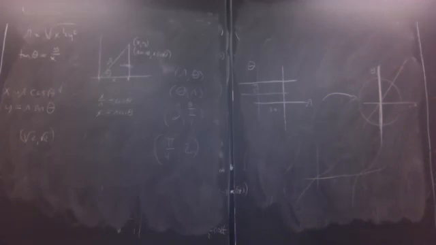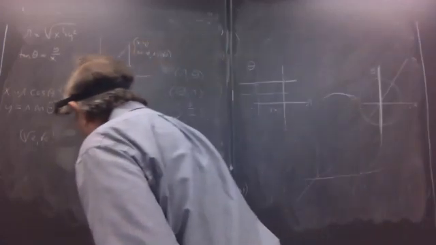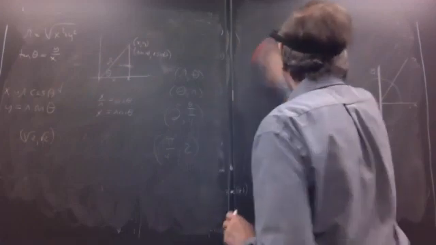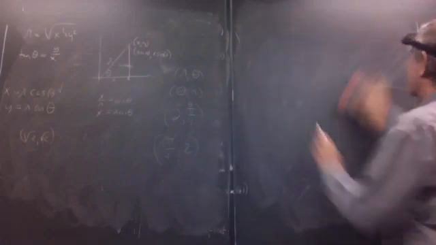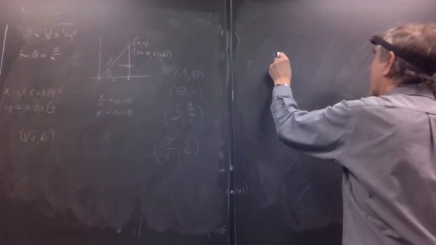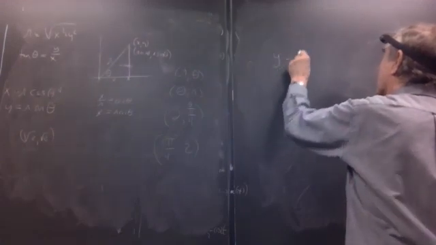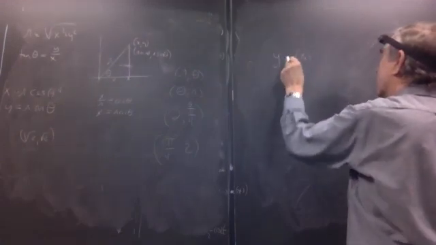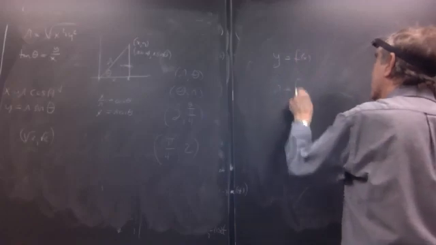Anyway, the graph of a polar equation. So what do we mean if we say y equals f of x? Okay, that's what we say with a function. What if I have r equals f of theta?